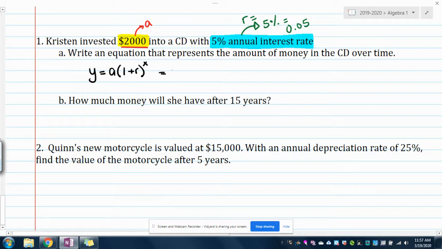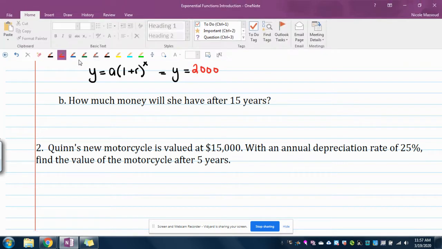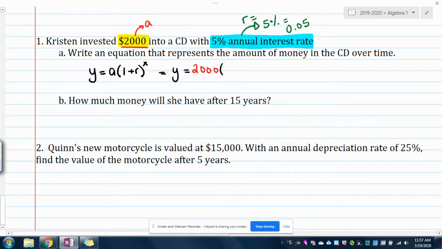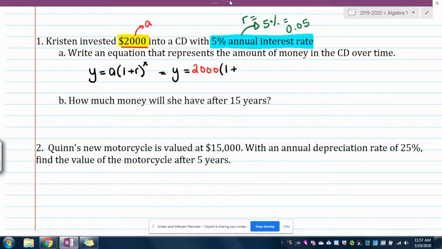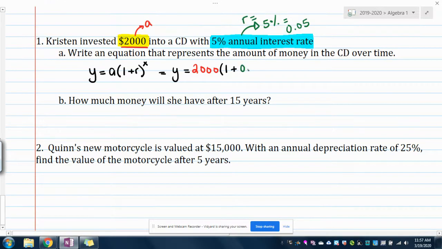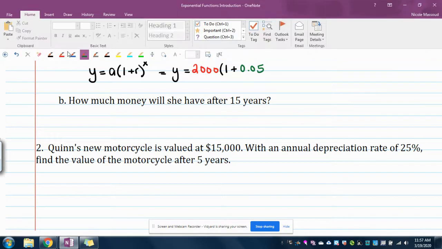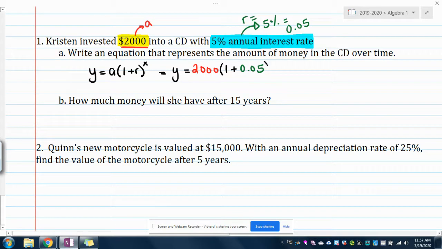So it's going to be y equals 2,000 times 1 plus my r, which is 0.05, to the x. So it's y equals 2000 times 1.05 to the x. There's your final answer.